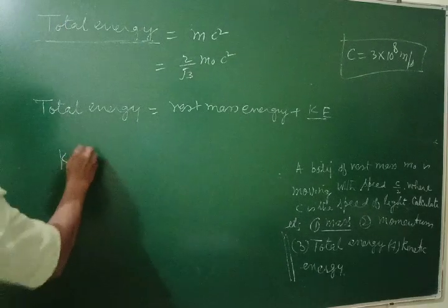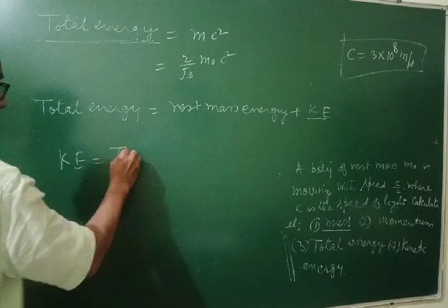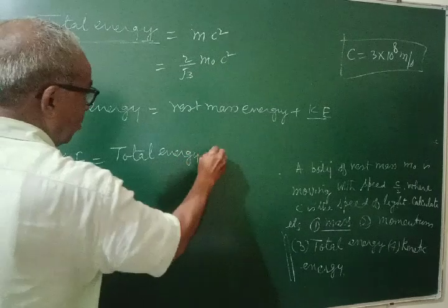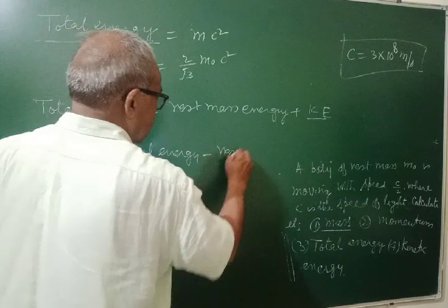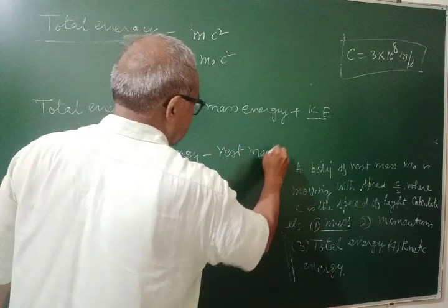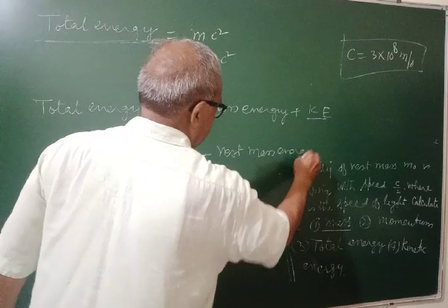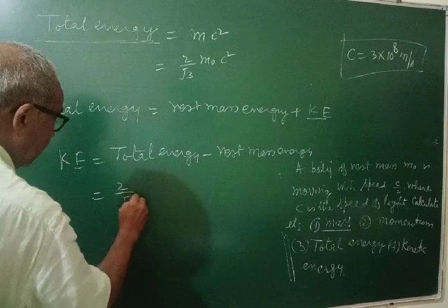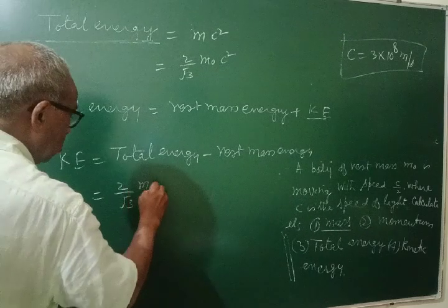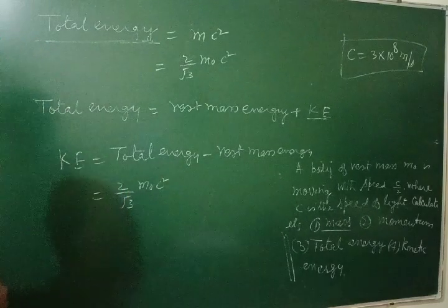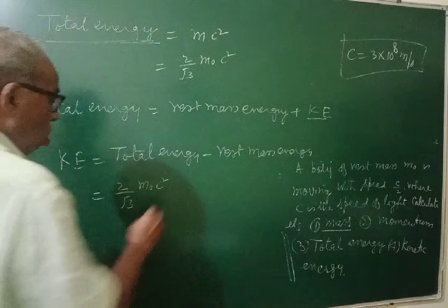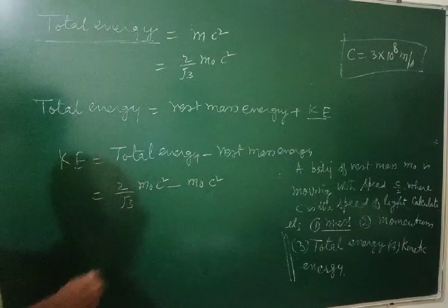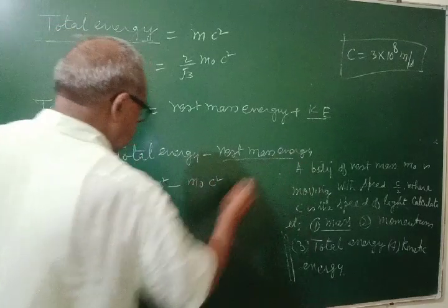So kinetic energy is equal to total energy minus rest mass energy. Total energy is 2 by root 3 m0 c square, minus m0 c square, the energy equivalent to rest mass.